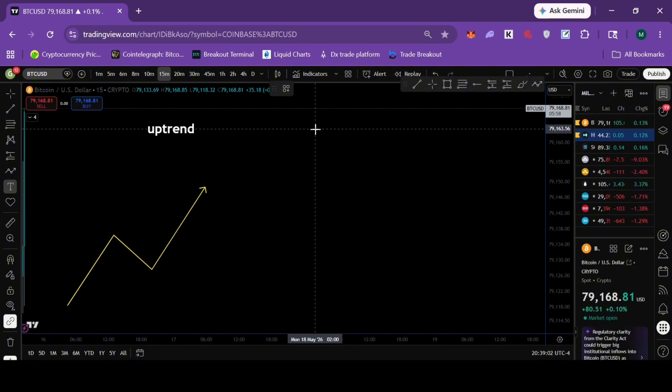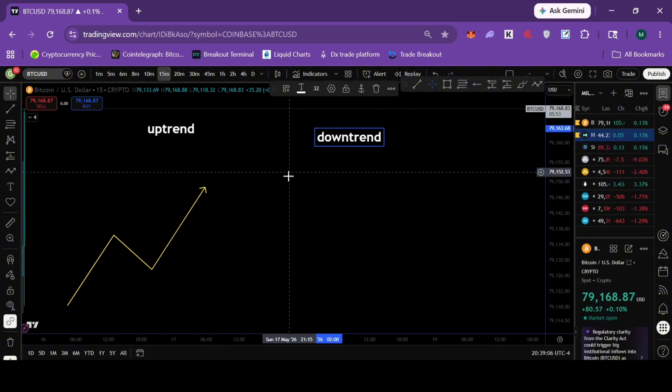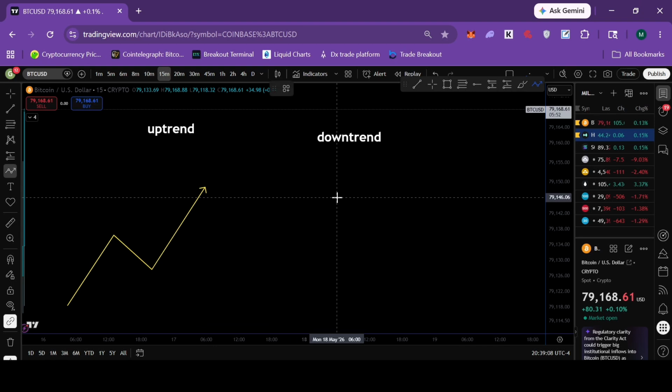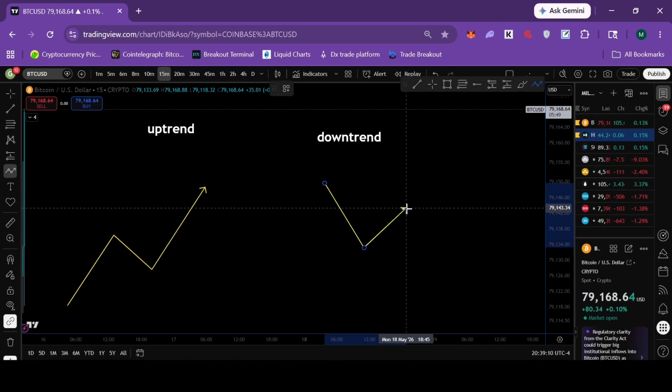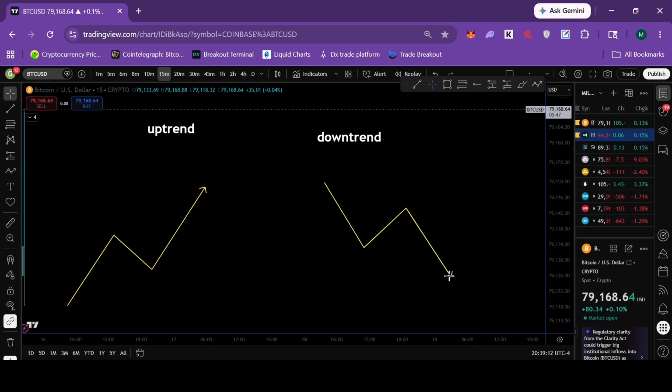Now for a downtrend, similar movement, but in the opposite direction. You're still getting your 1, 2, 3, but instead now you have a high, you have a low, you have a lower high, you have a lower low, right? So this is how you know you are in an uptrend or a downtrend, right?